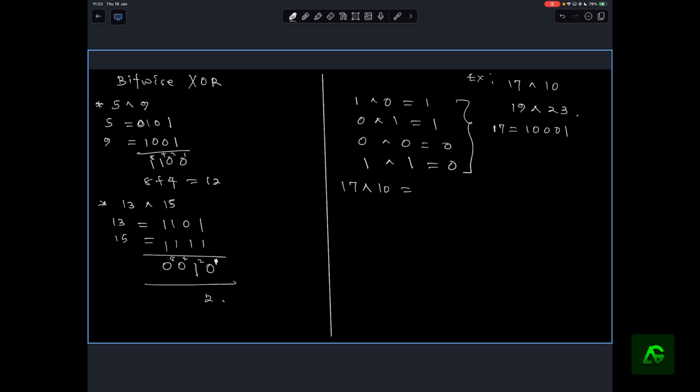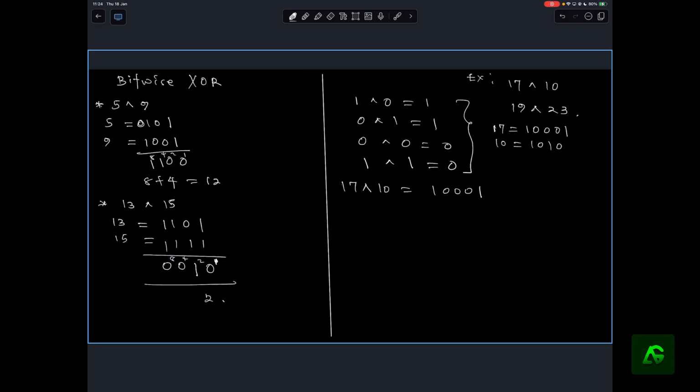Yes. So we have 10001, and 10 in base 2 is 1010, right?